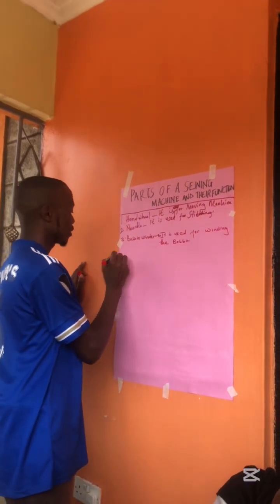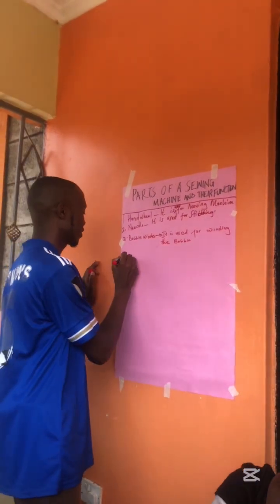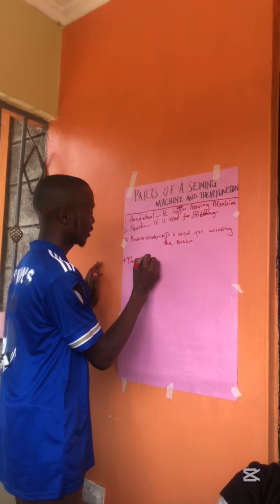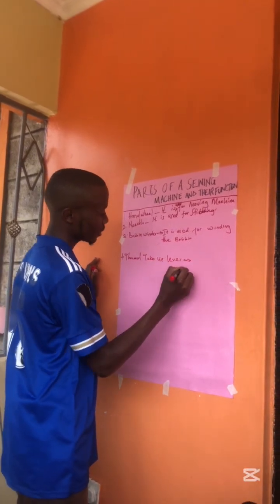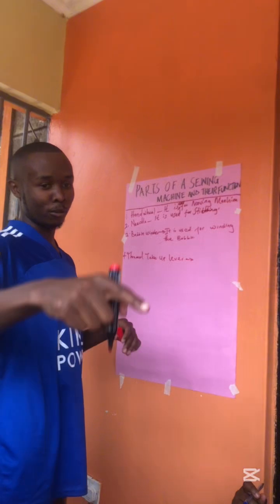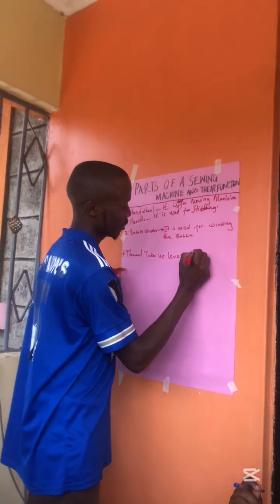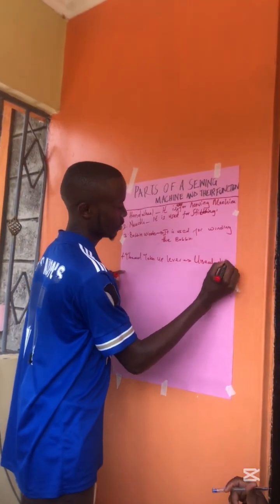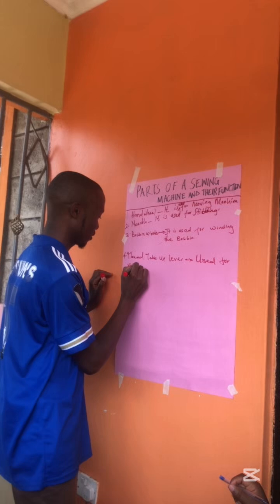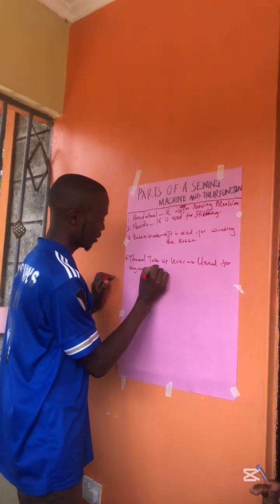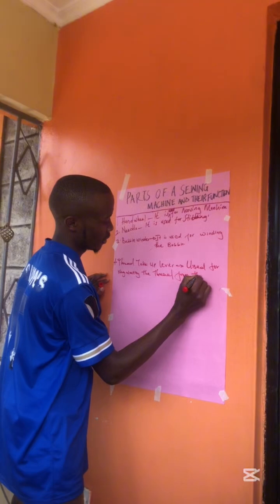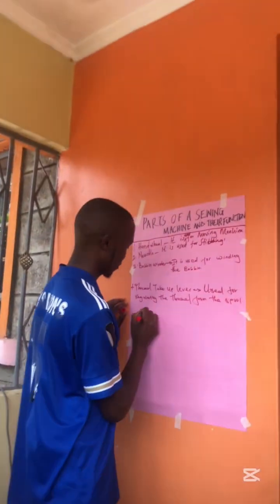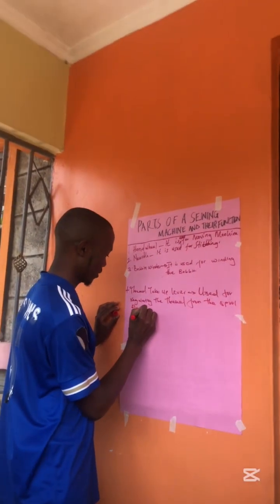Number four, we have the thread take-up lever. It is used for controlling or regulating the thread from the spool pin when stitching.